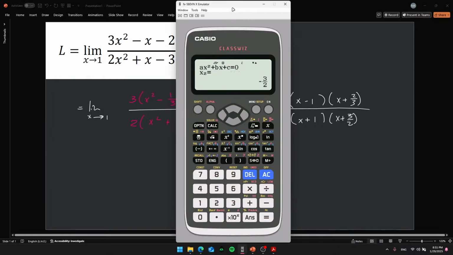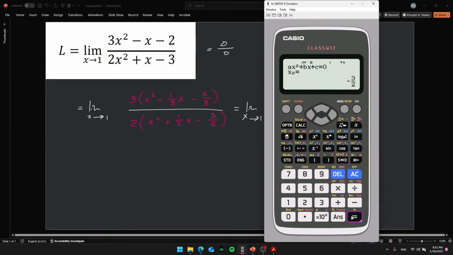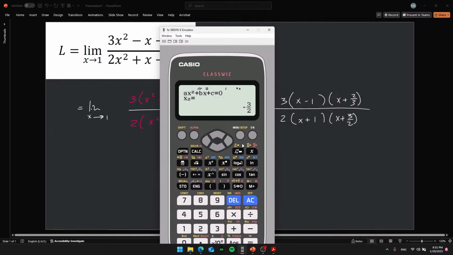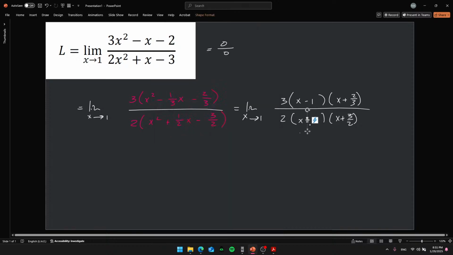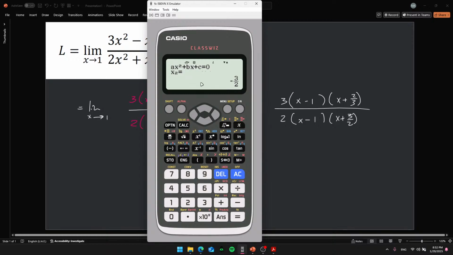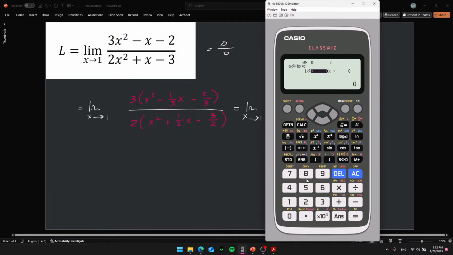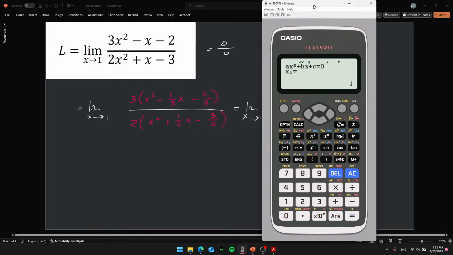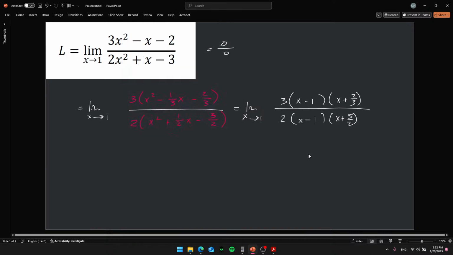Let me check the numerator real quick, because this is weird. Yeah, x minus 1. x plus 3/2. The numerator: 1, minus 1/3, minus 2/3, x minus 1 and x plus 3/2.